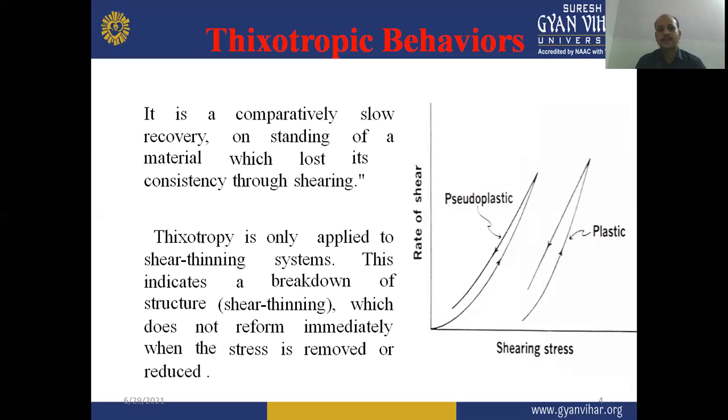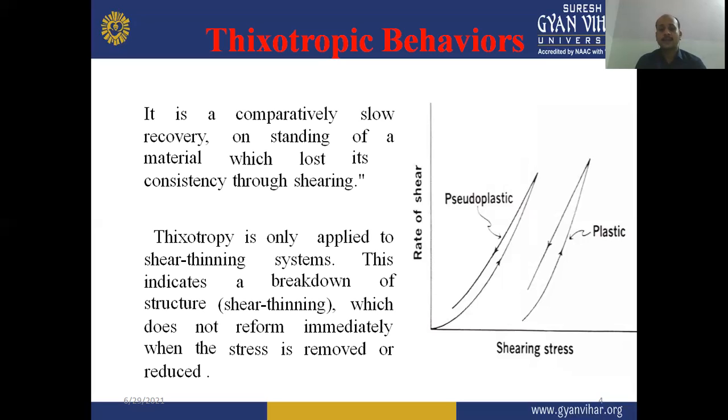In case of Newtonian liquids, the rate of shear is directly proportional to shearing stress, so when we plot a rheogram between the rate of shear and shearing stress for a Newtonian liquid, we obtain a straight, linear line. But in case of non-Newtonian liquids, there are characteristic rheograms for plastic as well as pseudoplastic material, as shown in this rheogram.